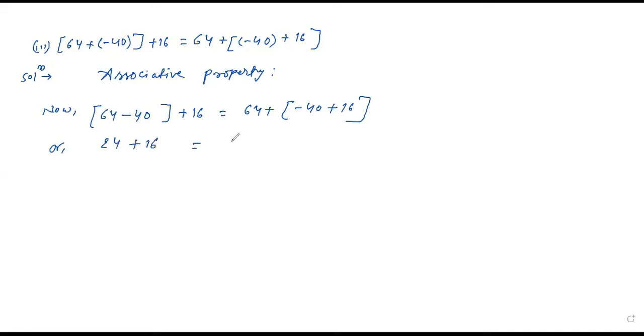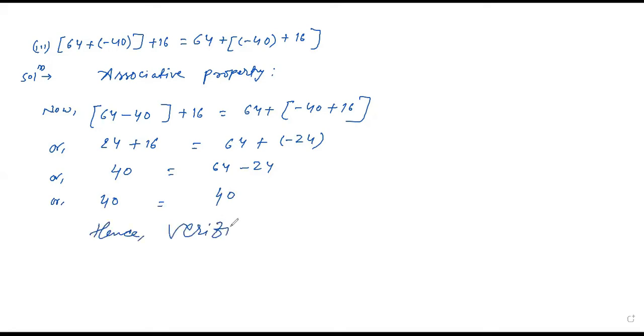Plus 16 is equal to 64 plus, this became minus 24. So this became 40, and this also became 40. So 64 plus minus 24 is 40, and 64 minus 40 is 24, plus 16 is 40. Both are equal in value. Hence verified.